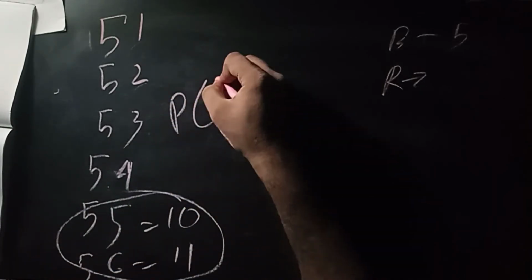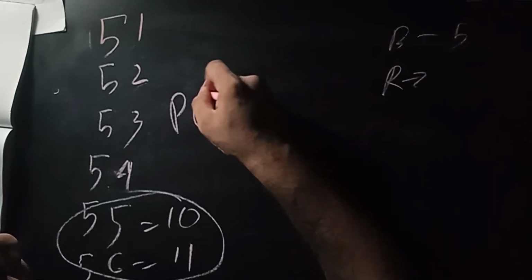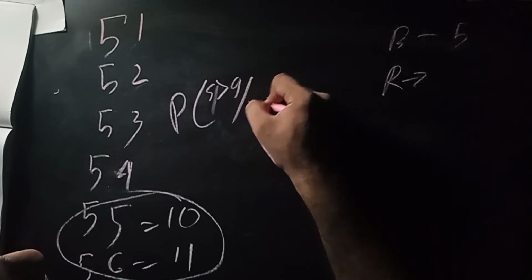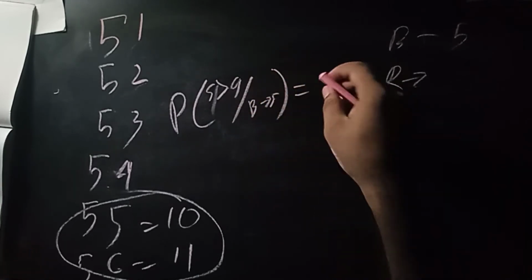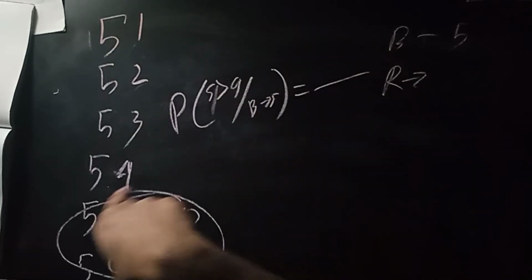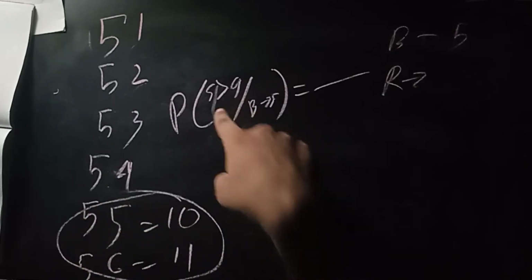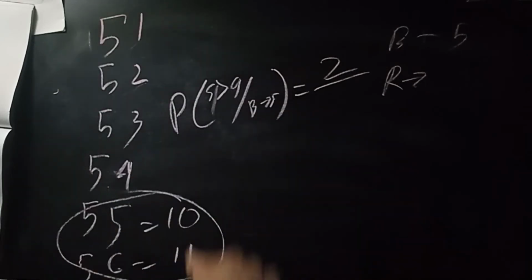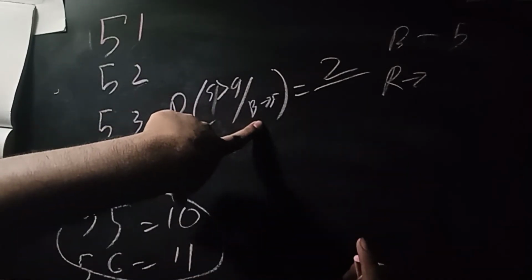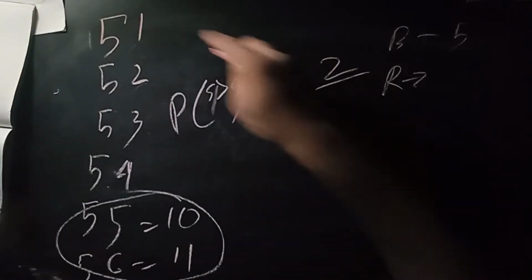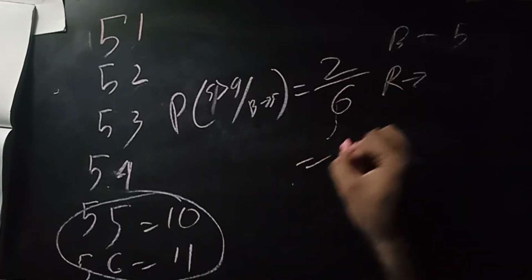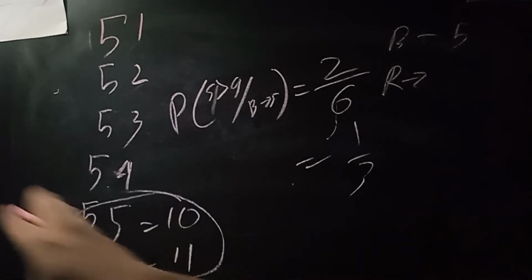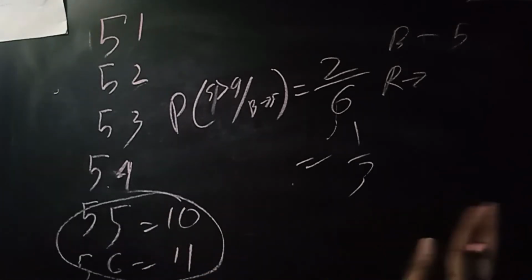So P of sum greater than 9 when B is 5 is N A, the number of outcomes that satisfy the condition, which is 2, by the total number of outcomes where the given condition is satisfied, that is 6. So this is going to be 1/3. That's basically the whole conditional probability, nothing else is there.